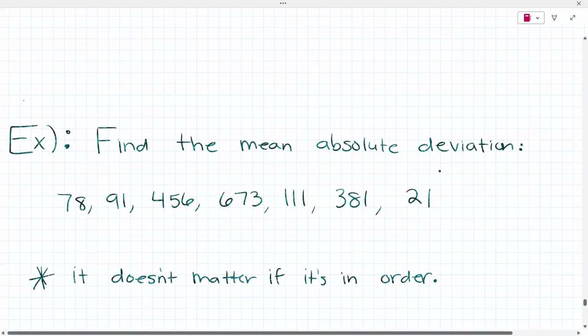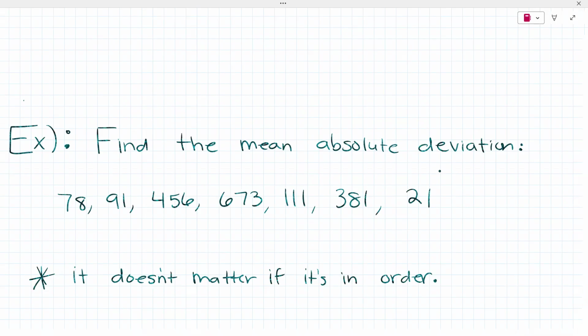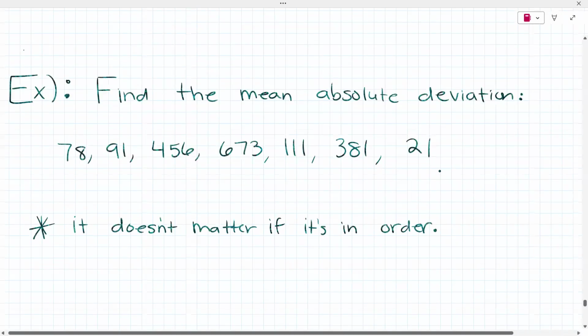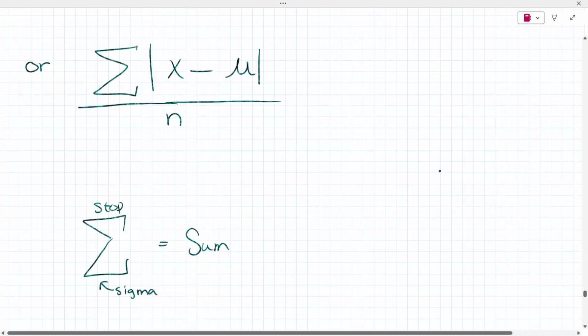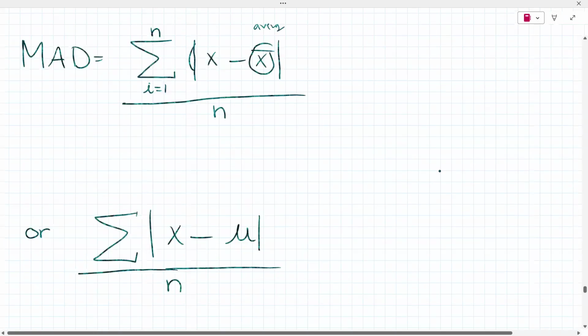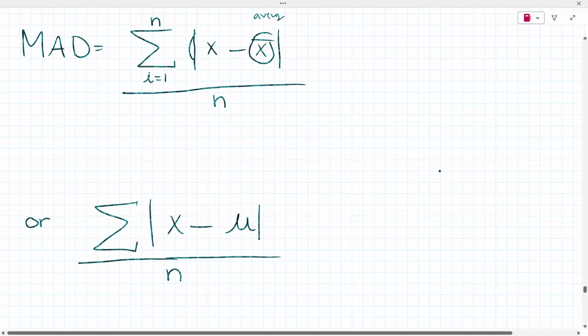Okay, now this example says find the mean absolute deviation. We have 78, 91, 456, 673, 111, 381, and 21. This time it doesn't matter if it's in order. You just need to know the formula, which is the absolute value of x minus mu.